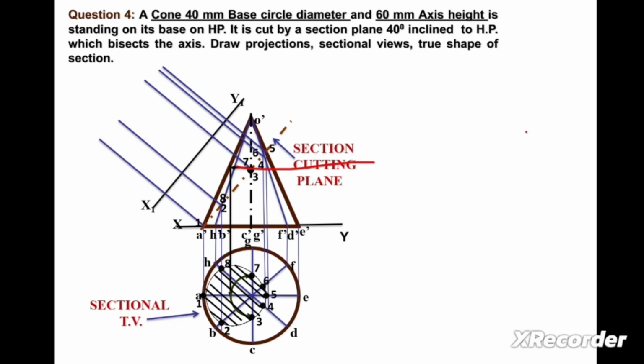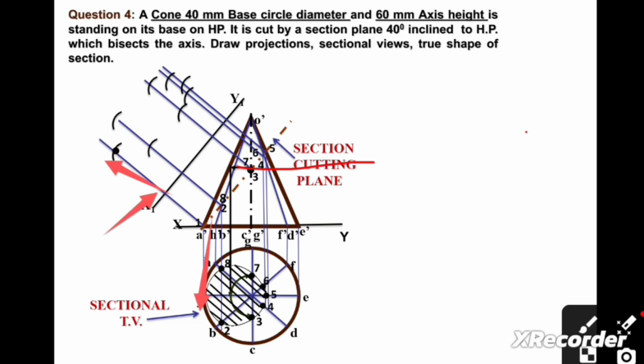Now friends, we will understand how to draw these arcs. To prepare this arc, we take the radius from the XY line to point number 1. Consider this point as the center point and draw one arc here. Now we take the radius from the XY line to point number 2.